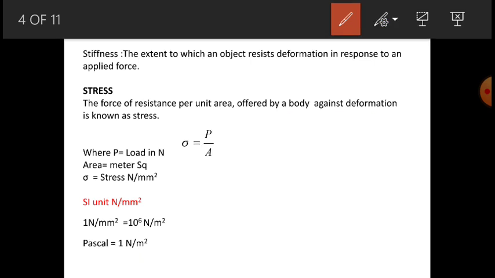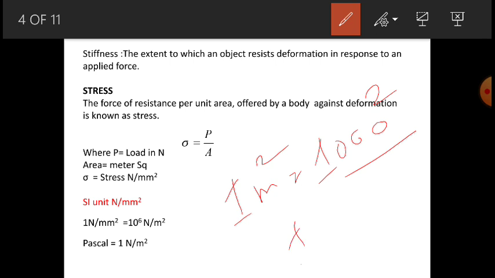One more thing: 1 Newton per mm square is equal to 10 raised to 6 Newton per meter square, because 1 meter is equal to how many mm? 1000 mm, that is 10 raised to 3. But we are squaring here, so we have to square that also. If you square 3 zeros, 3 into 2, it becomes 6. So it becomes 10 raised to 6.